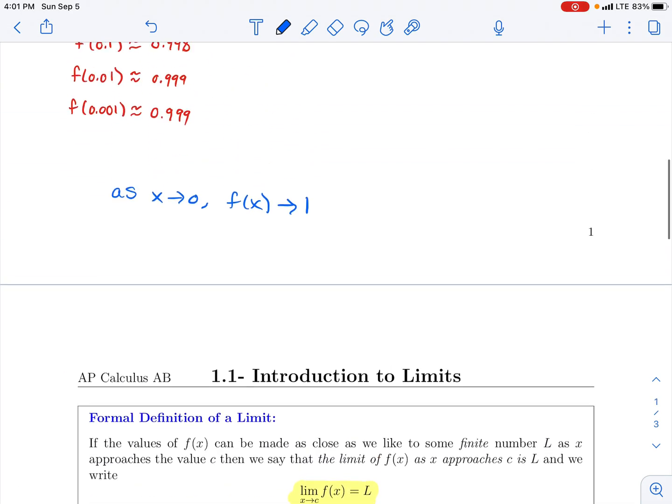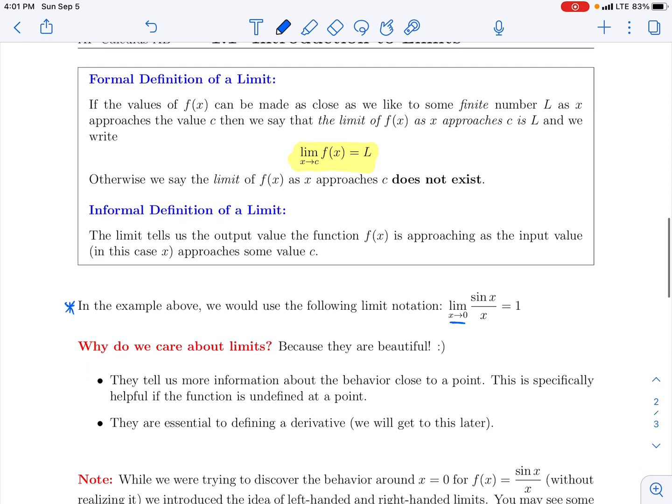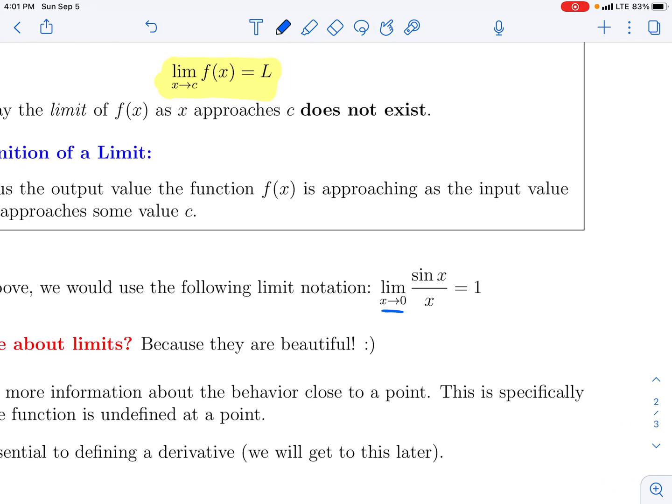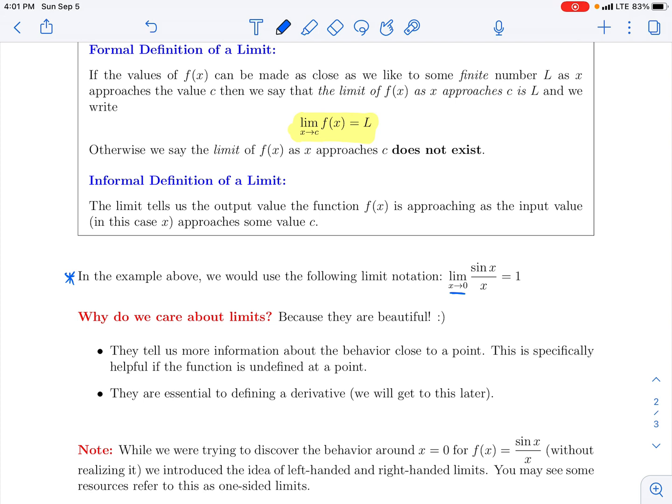So instead of writing what we wrote up here as x approaches 0, f of x approaches 1, we would just say the limit as x approaches 0 of our function f of x is equal to 1. It's very similar but not quite the same as far as the notation goes. But all the limit is really telling us is what output value we're approaching as our input value approaches a specific value.